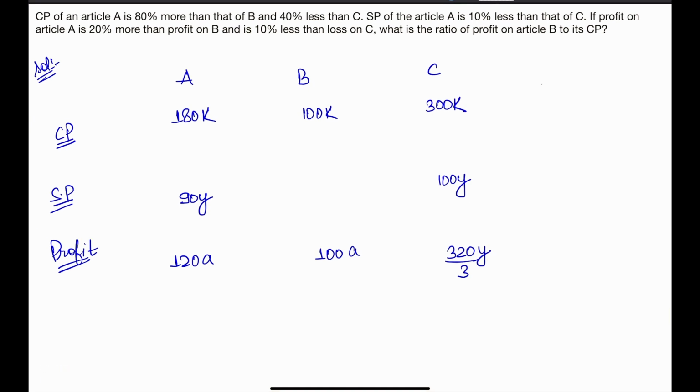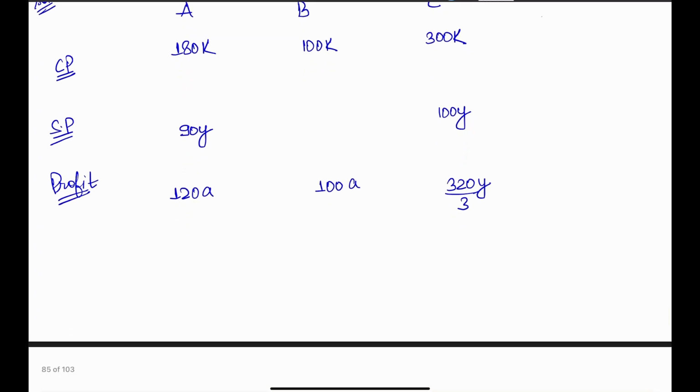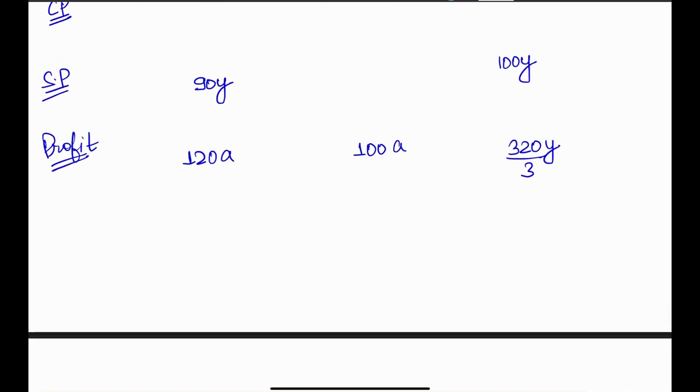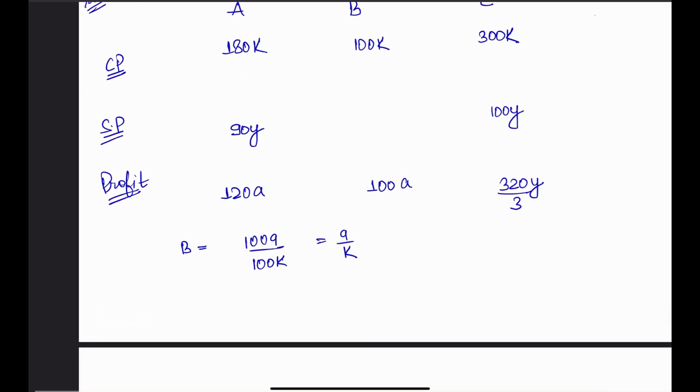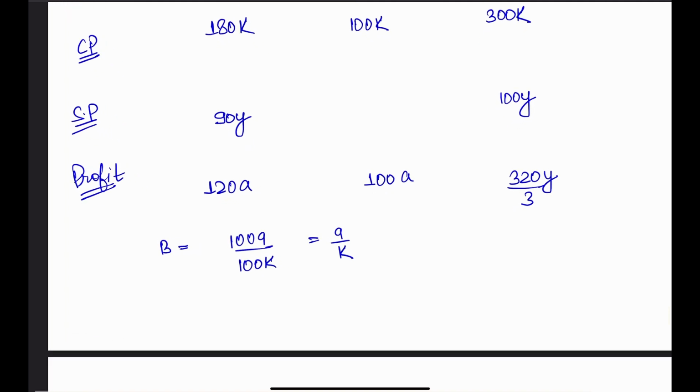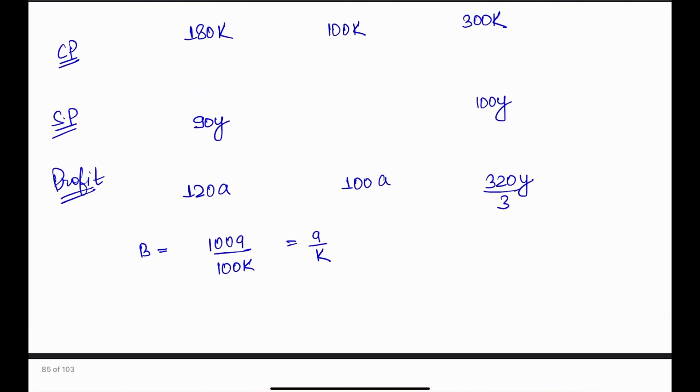So for B, profit is 100A divided by CP which is 100K. So whatever is the value of A by K, that will be my ratio. We have to find it from these two given ratios. So let's try to solve.